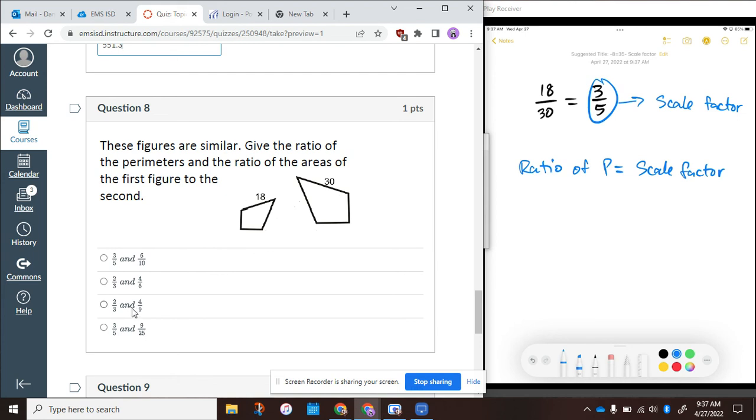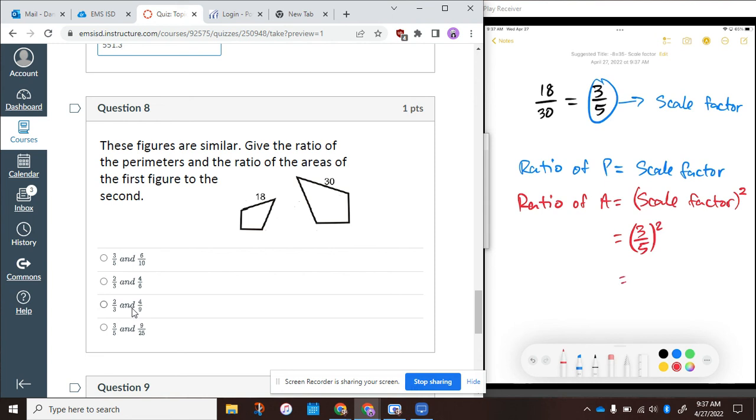The other thing we need to remember is that your ratio of areas is the scale factor squared. So if we're talking about ratio of areas, that's going to be 3/5 times itself.